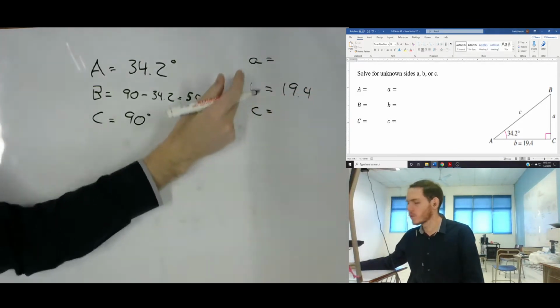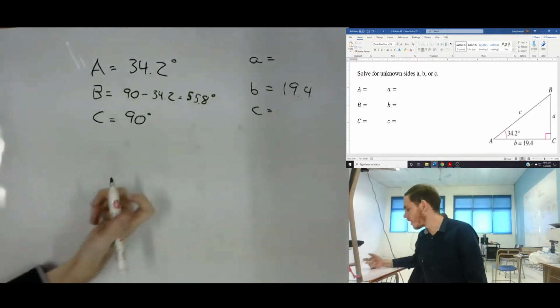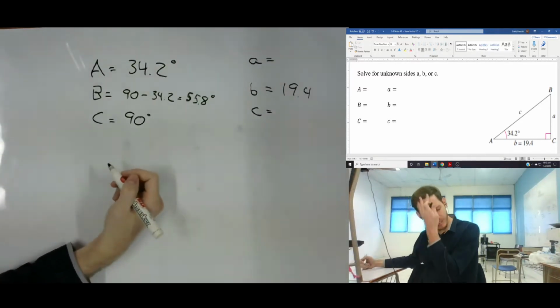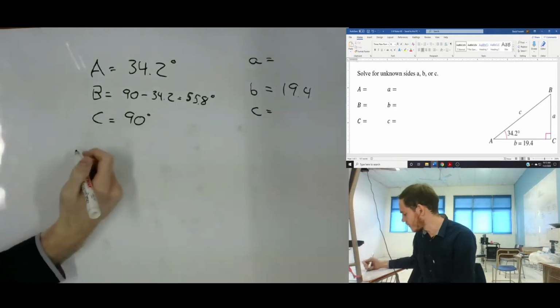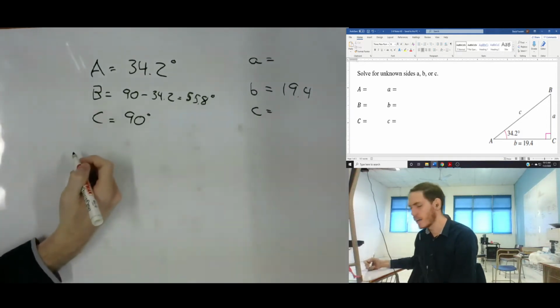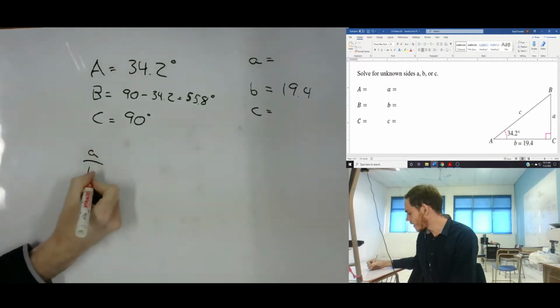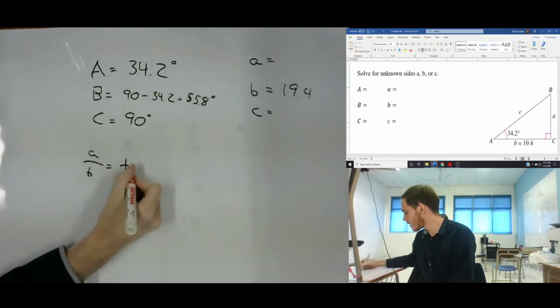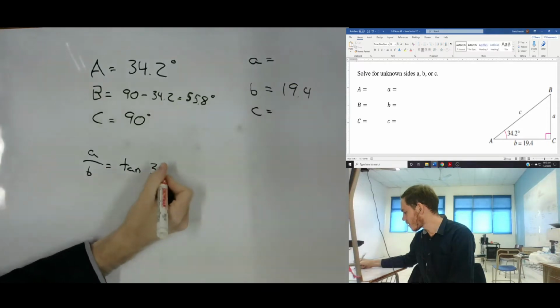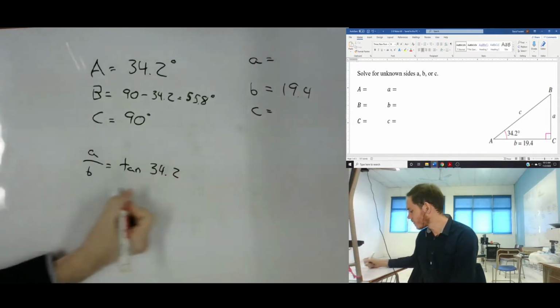So what do we do to find a and c? Well, we can use any of the functions really, but for a, a over b is going to equal tangent of 34.2.